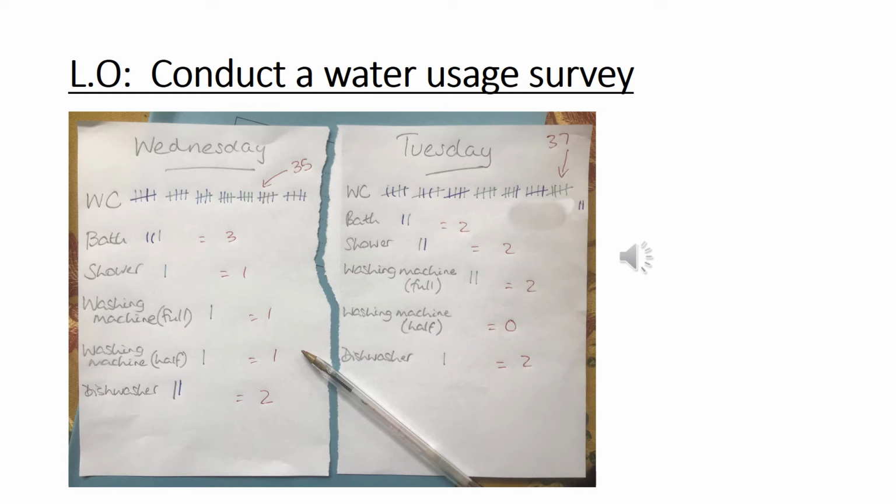On Thursday, I would like you to record the results of your water usage survey. So let's look at the 2 scraps of paper again. You can see with my red pen here, I have added up the tallies. 35 toilet flushes on Wednesday, 37 toilet flushes on Tuesday. 3 baths on Wednesday, 2 baths on Tuesday.